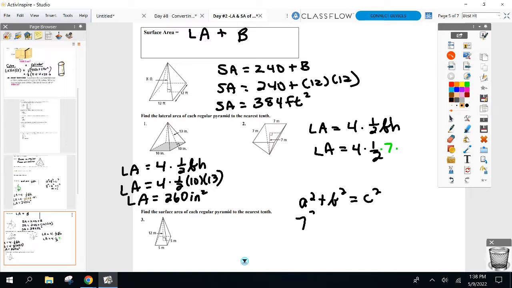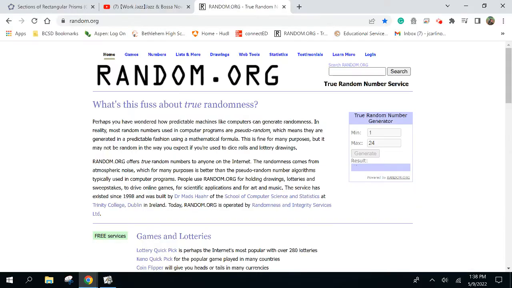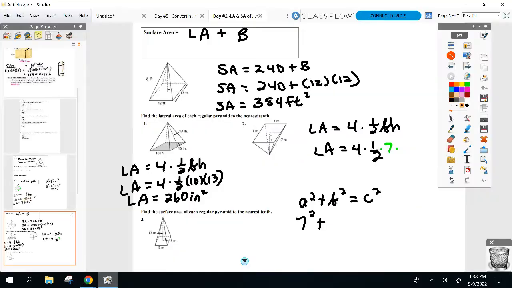7 squared, the altitude, plus, what do we put in for the other leg? Other leg, not 7 again. Other leg, 18. This leg right here I'm looking for. 3.5. You always take half the base on a square base there. 3.5 squared. Some of you are getting ahead here.